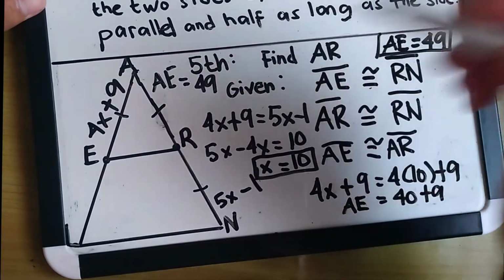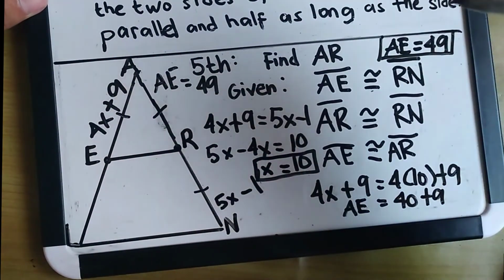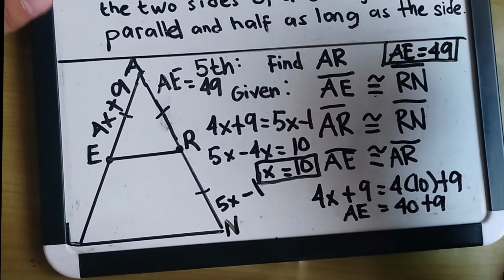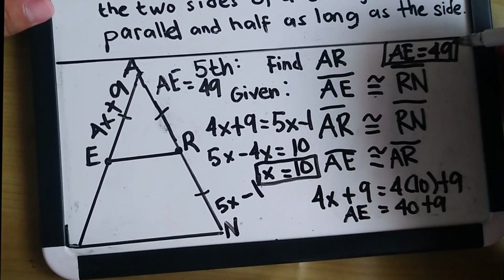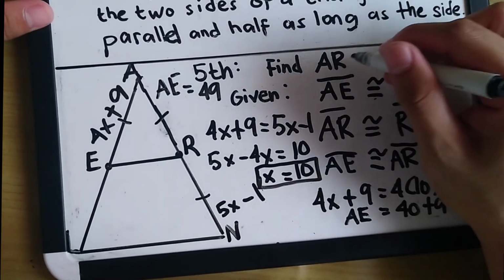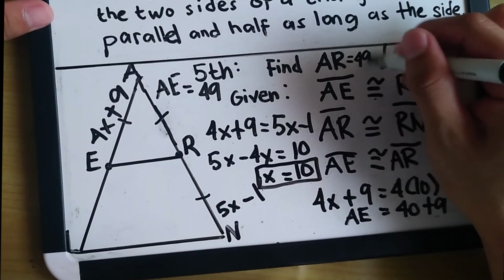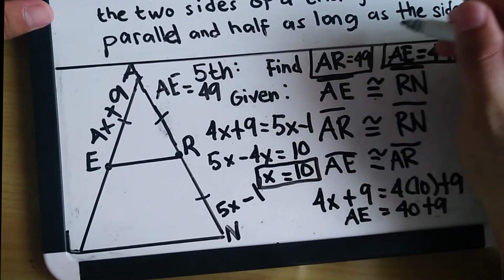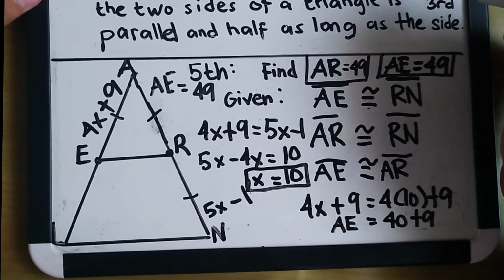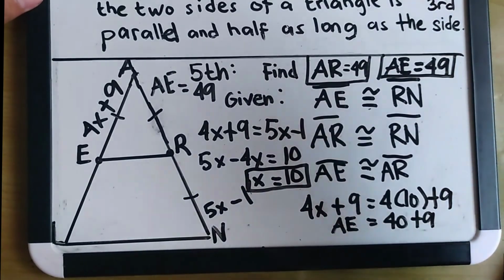So since AE and AR are congruent, they have equal measure. So if AE is 49, AR is also 49. So we have the value of our segment AR. AR is equal to 49.